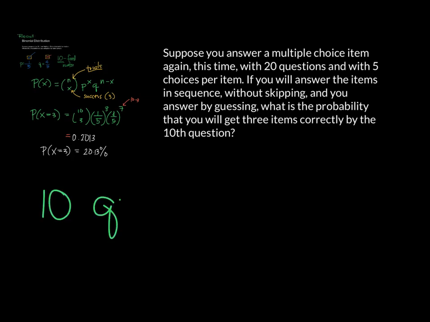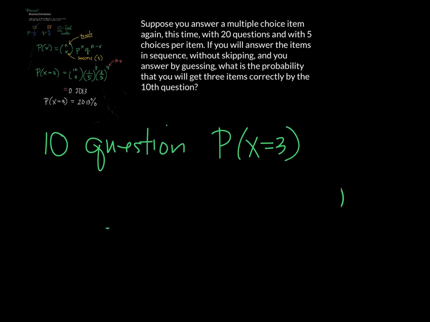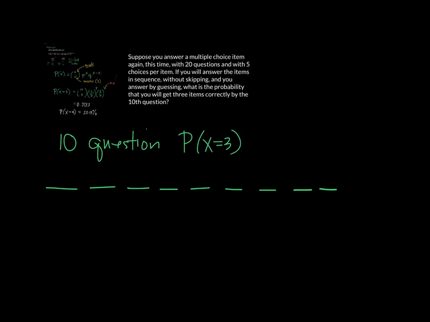And from the 10 questions, the goal was to find the probability that you will get 3 correct answers. That means when you answer the 10 questions, 1, 2, 3, 4, 5, 6, 7, 8, 9, and 10, the placement of the 3 correct items can be anywhere in the 10 questions.